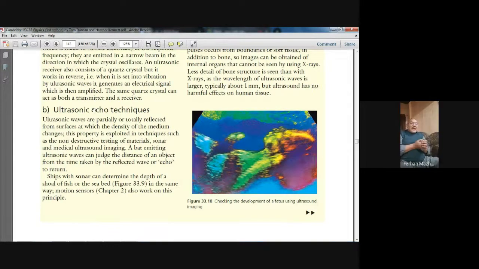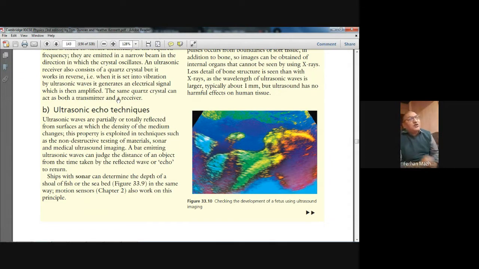The bat produces ultrasound, sends it out, the ultrasounds are reflected, and when they are received back, the bat is able to take its path. The ships also use this technique to find the depth of the sea, or the depth of the bed of the sea.